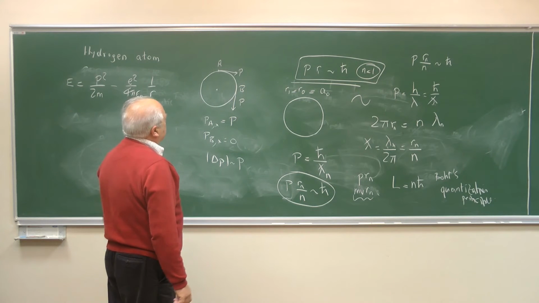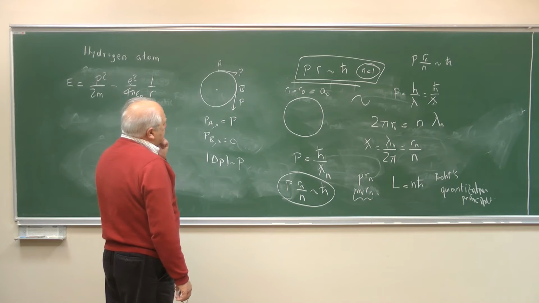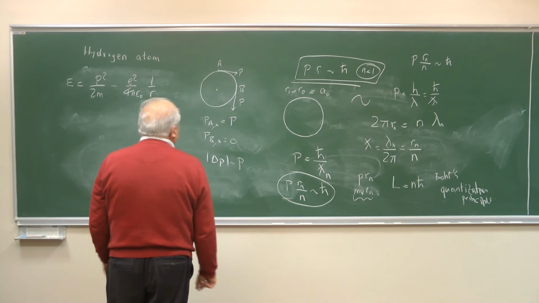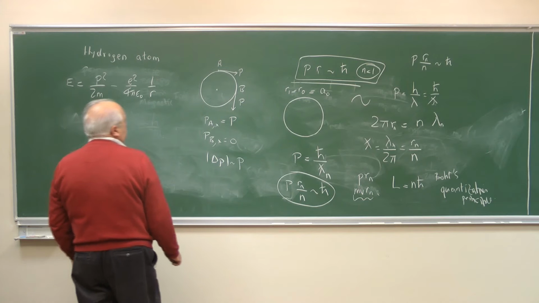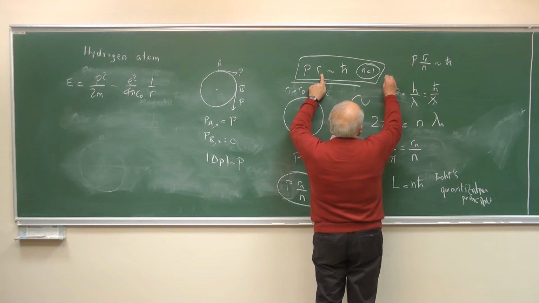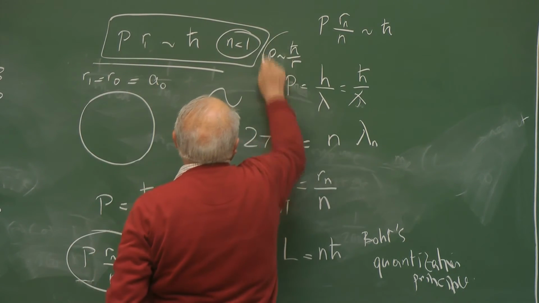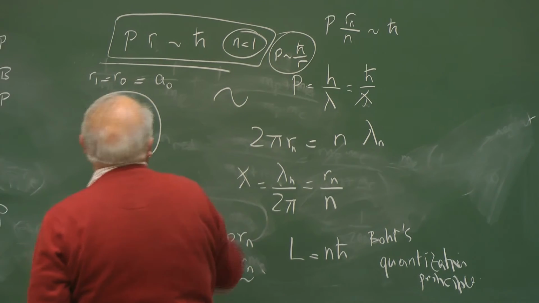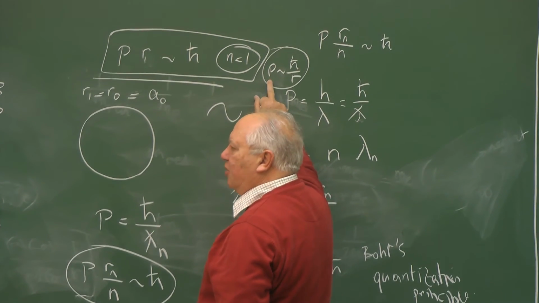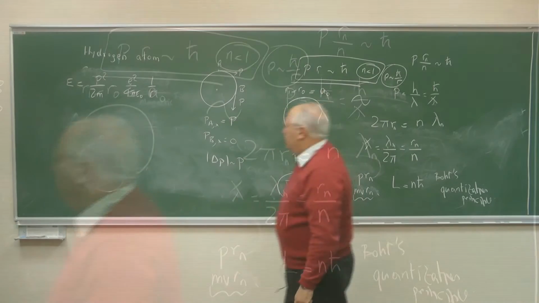I will use R0. We now insert P with n equals 1. P is like h bar over r. Namely, the uncertainty in the momentum is h bar over the uncertainty in the position.